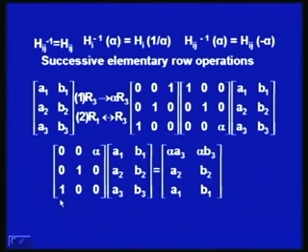So, the result is 1 here. Then this row multiplied by the second column is 0 and the third row multiplied by the third column is again 0. So, the product of these 2 elementary matrices comes out to be this.